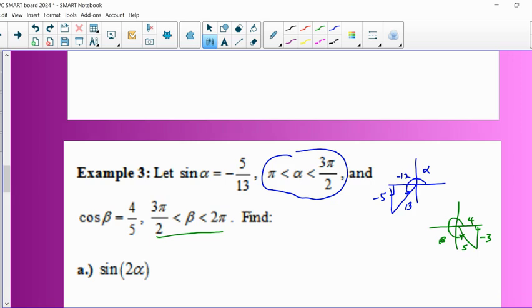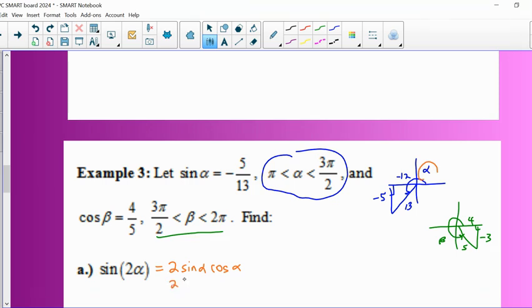Okay, so first problem, sine of 2 alpha. Well, sine of 2 alpha, we would expand and just say it's 2 sine alpha cosine alpha. So again, you have to know that formula. We don't have to ever prove it again, but we could know where it comes from. Then we just look at our alpha triangle.